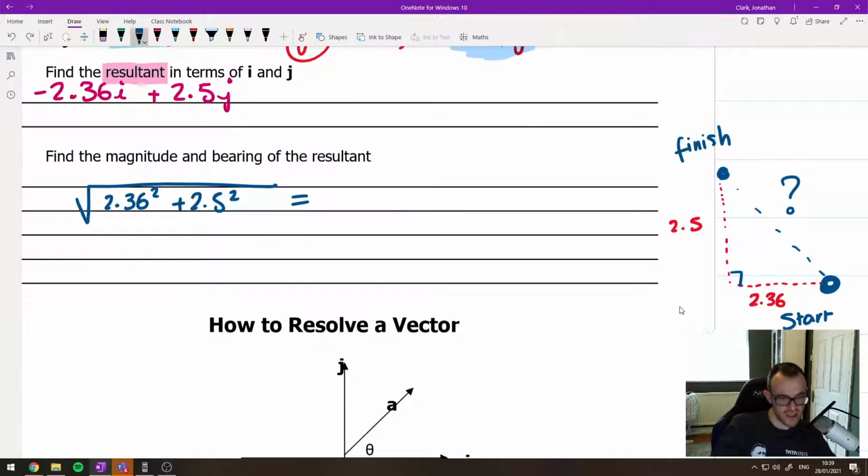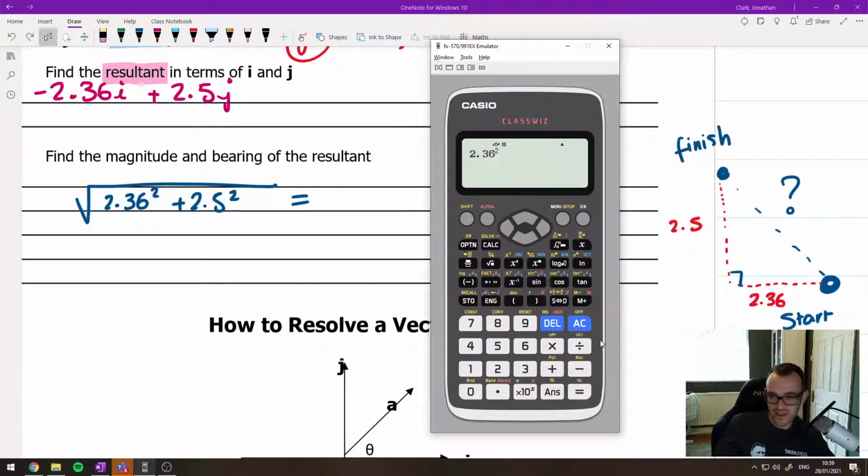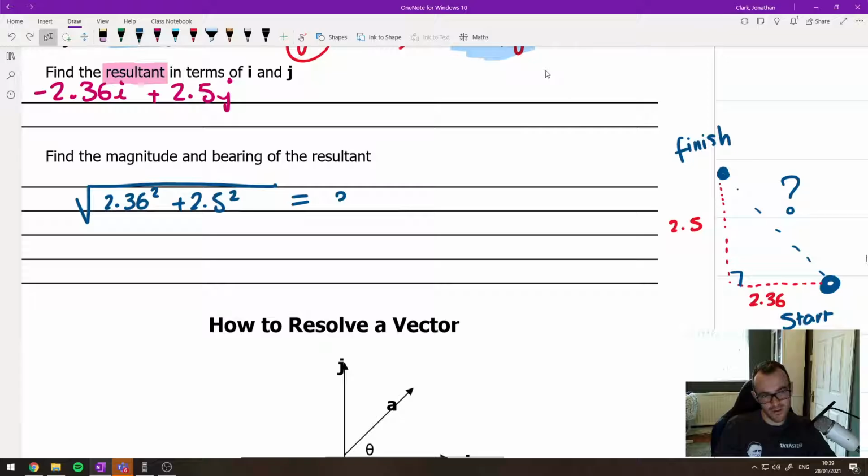And let's just see what that is on the calculator. 2.36 squared plus 2.5 squared, and then I need to square root all of that. It is 3.44 to 2 decimal places. So we're roughly 3.5 kilometers from our starting point, even though we did that sort of weird zigzag shape.